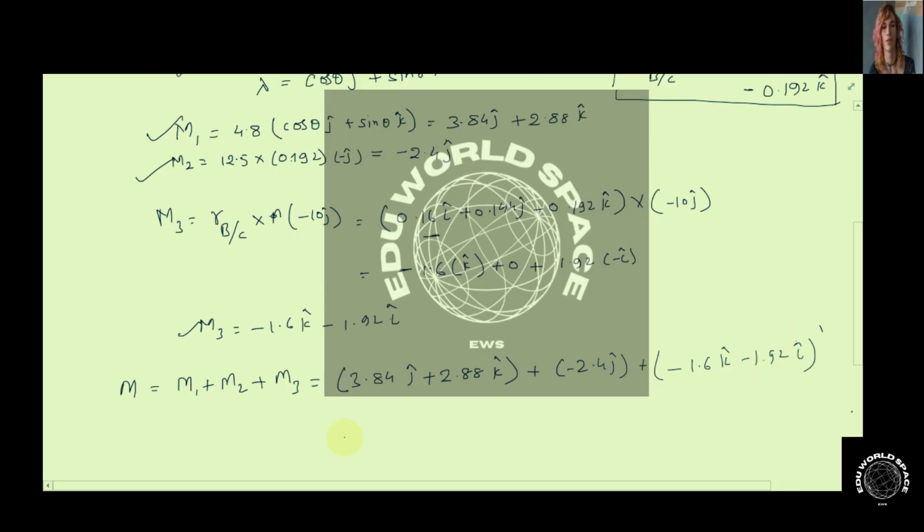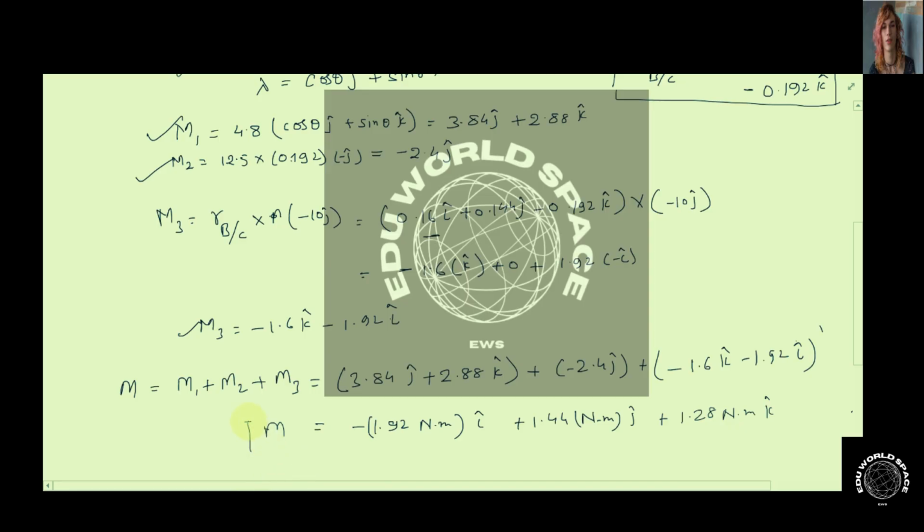Now collecting the coefficients of i cap, j cap and k cap, our final moment comes out to be minus 1.92 Newton meter i cap plus 1.44 Newton meter j cap plus 1.28 Newton meter k cap. So this is the final or equivalent moment that is acting on this system.